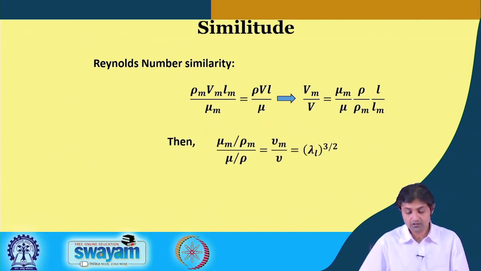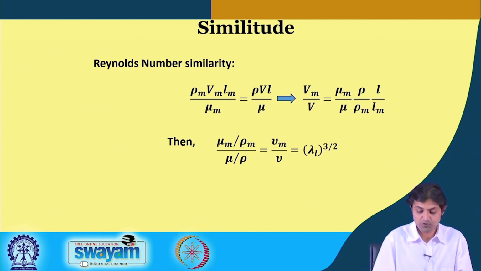Then we divide mu m by rho m, it becomes kinematic viscosity in model divided by kinematic viscosity in prototype. All right.